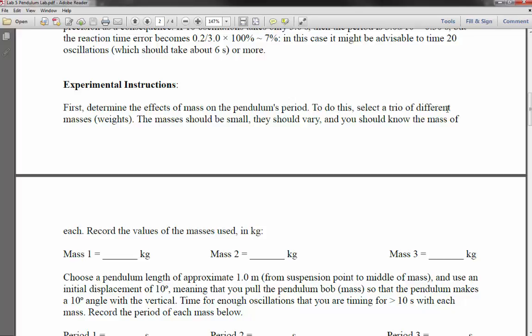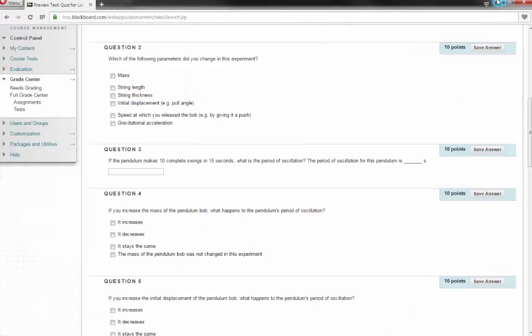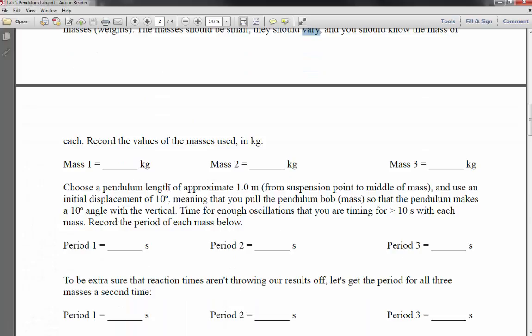To do this, select a trio of different masses. That is a trio of different weights. The masses should be small and they should vary. So mass is one thing that we're actually varying in this. So let's go ahead and click mass. Is it the only thing that we're varying though? Well, let's look.